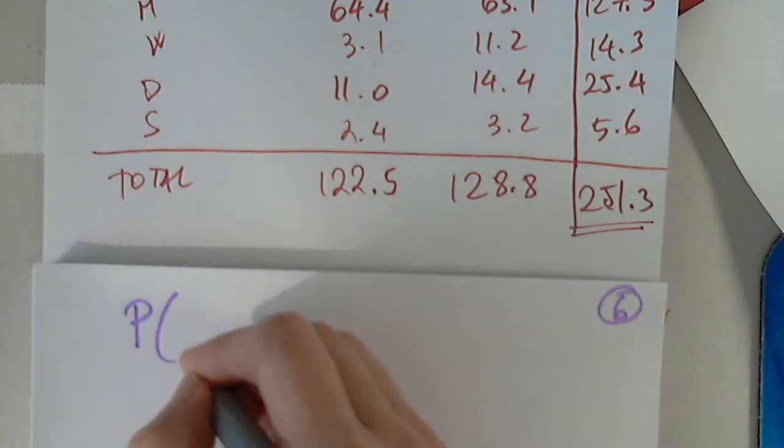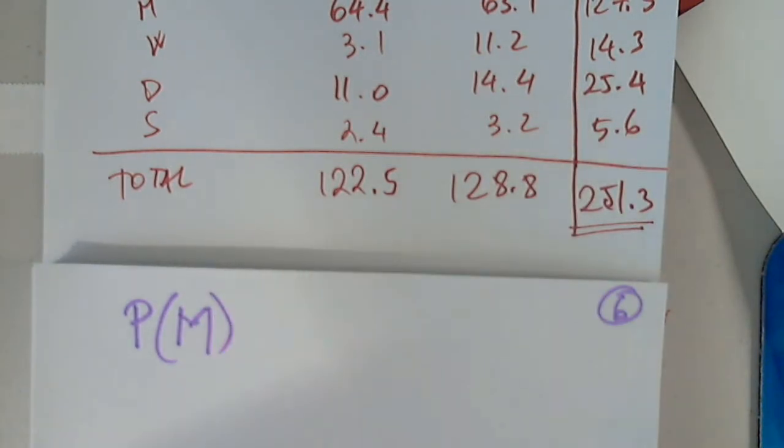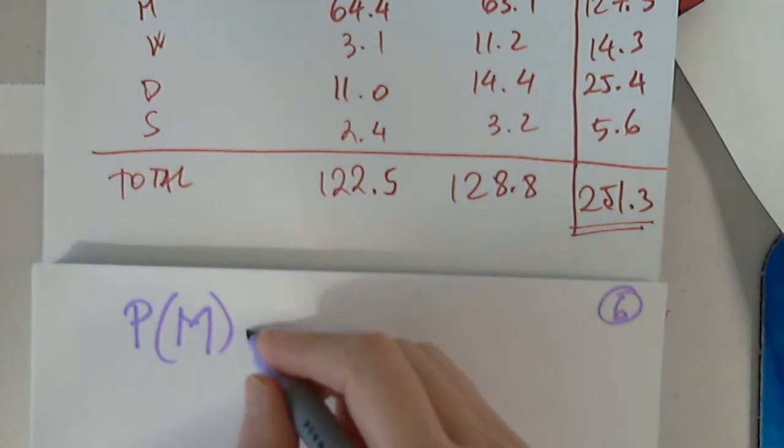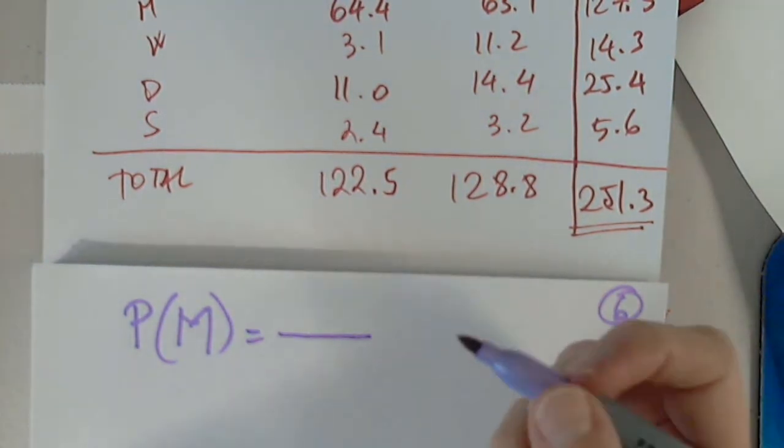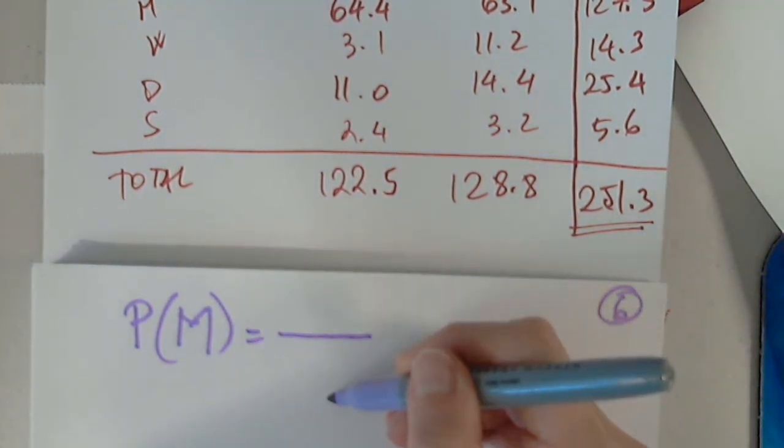So the probability that we select a male from the study, randomly select a U.S. resident, they're all 15 years and older, is the probability of selecting a male out of the total.